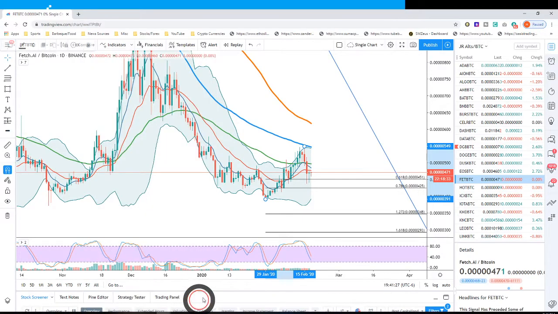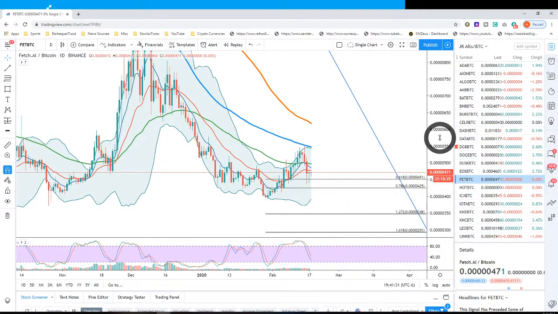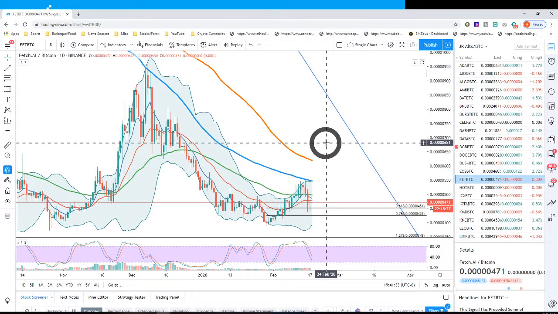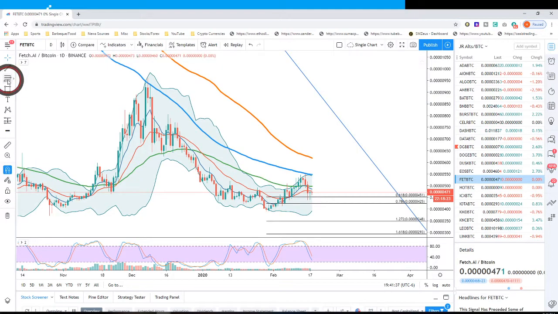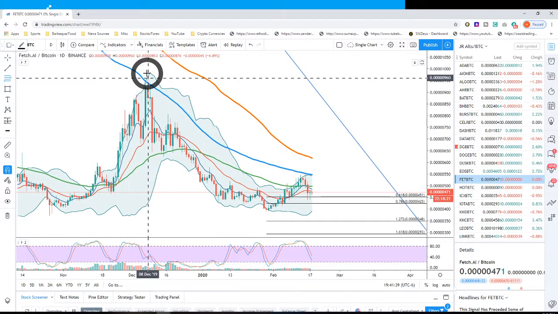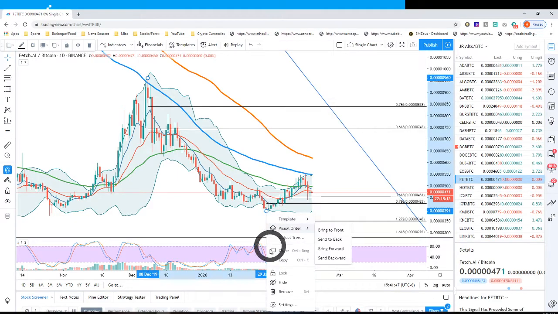It's close. We'll just leave it there. Okay, and then what are we going to look at here for the longer term, since we're looking long term? There was your high on December 8th.